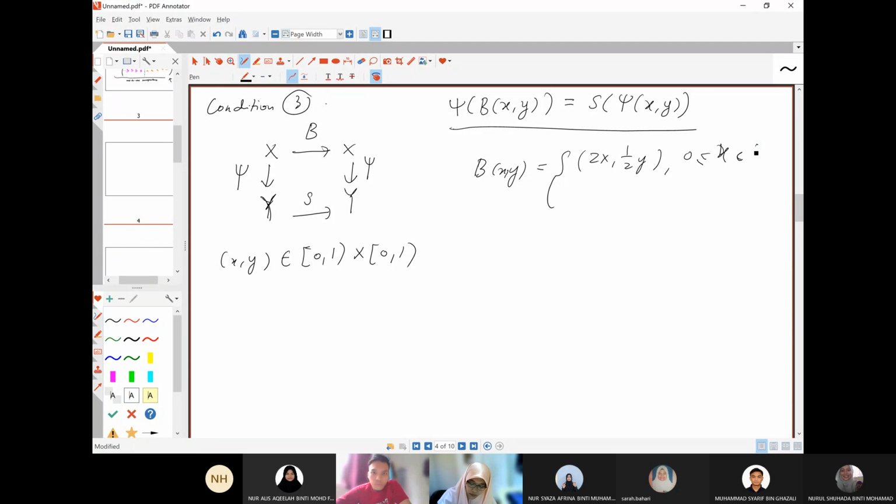And for the second case is between half and 1. So you need to consider both cases to show the isomorphism between these two transformations.